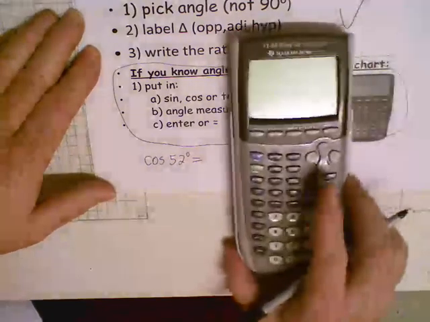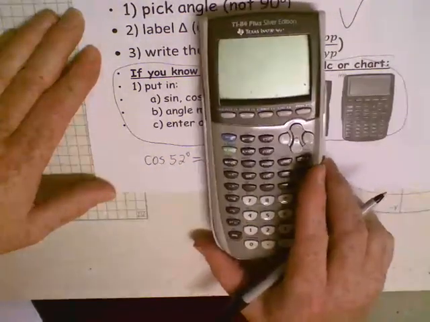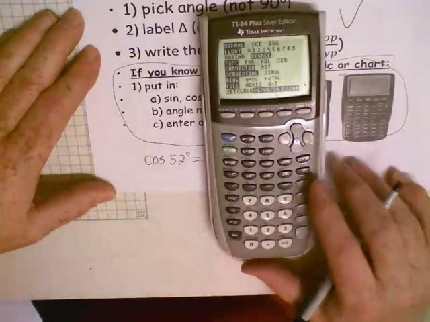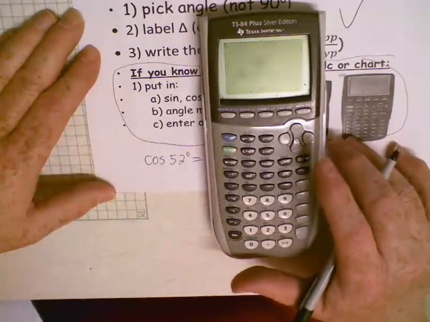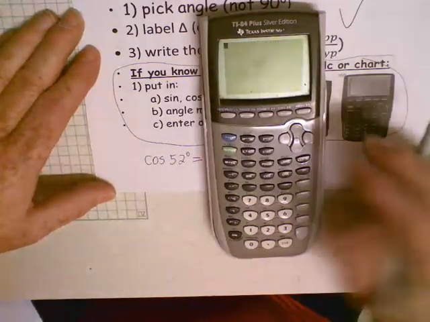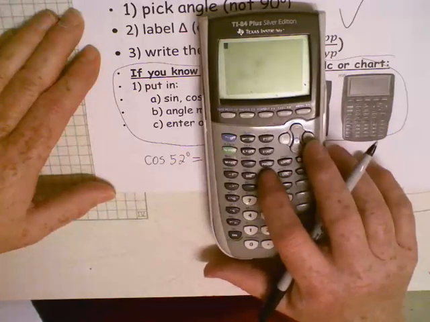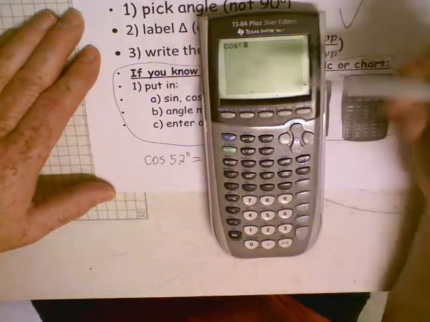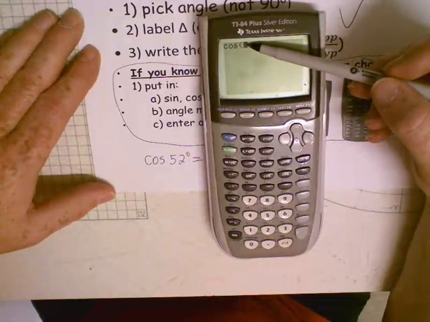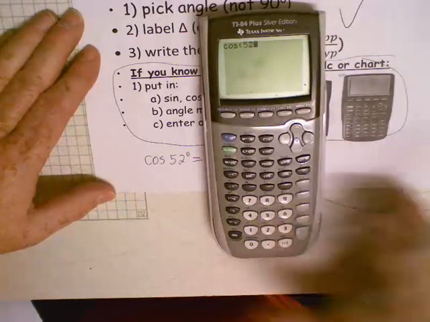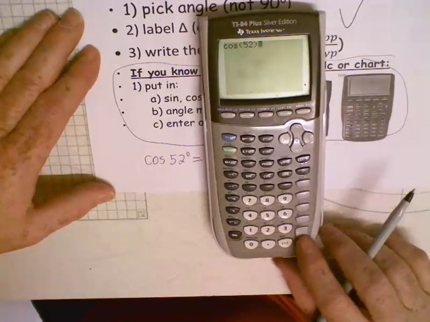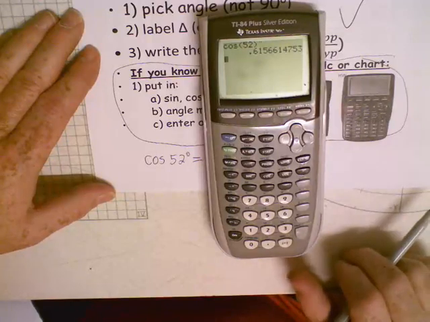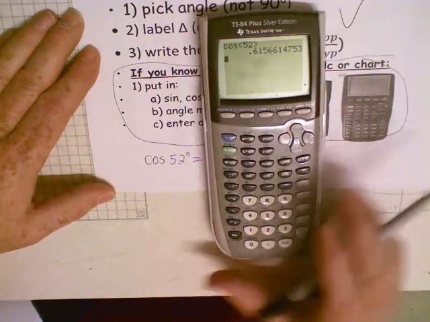Just pick a number at random. I'm going to clear all that off. And all I'm going to punch in is the cosine button. Notice it pulls up COS, then a parenthesis, and you just put in your angle, which is 52. Hit equals, and it gives you the cosine.